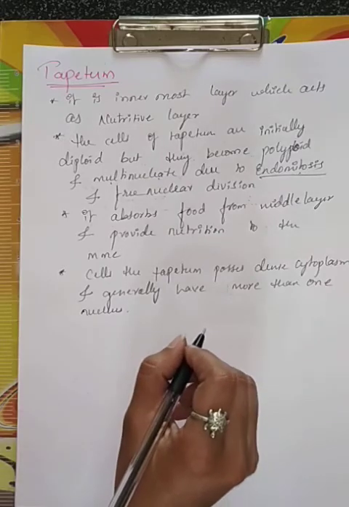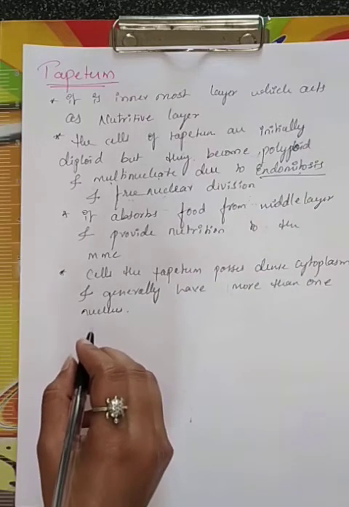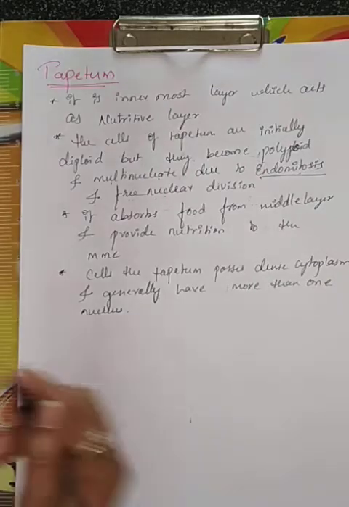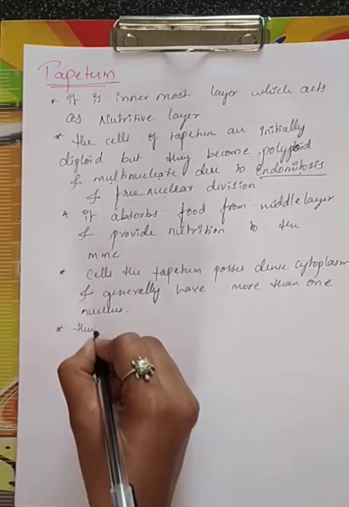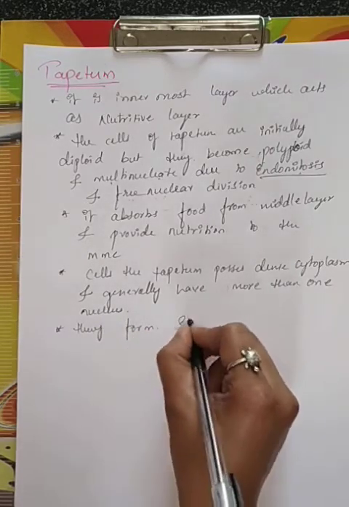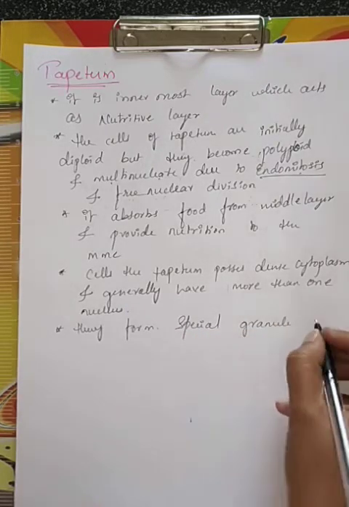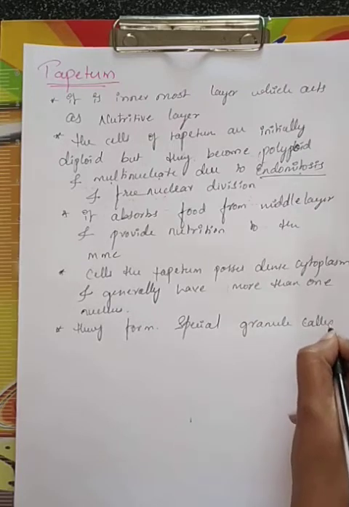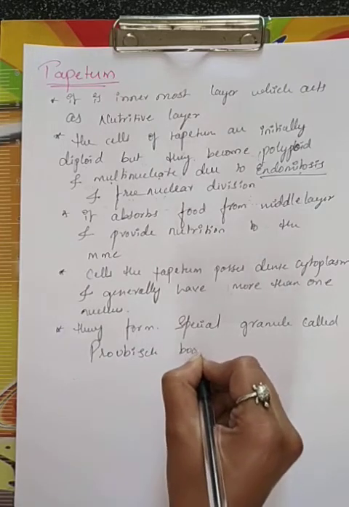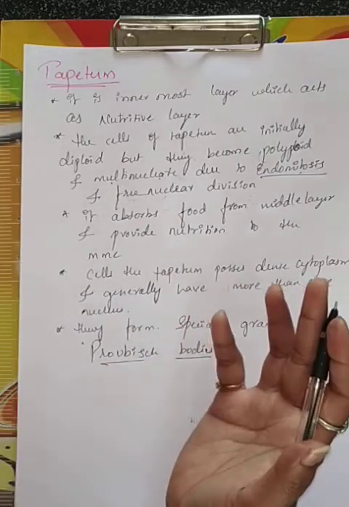Tapetal cells show an increase in their DNA content because of the polyploidy condition. They form special granules in their cytoplasm, called proubisch bodies. After that, these proubisch bodies become ubisch bodies.